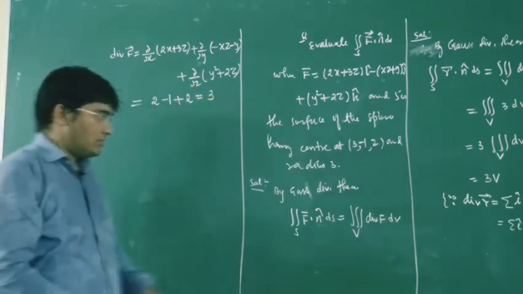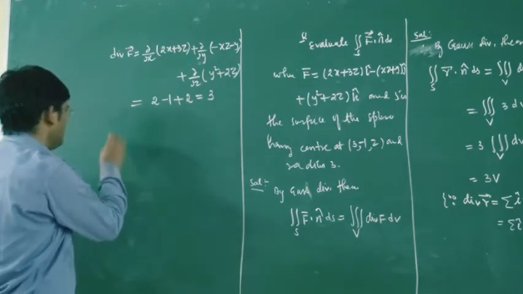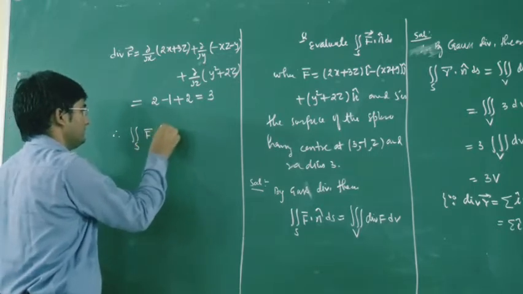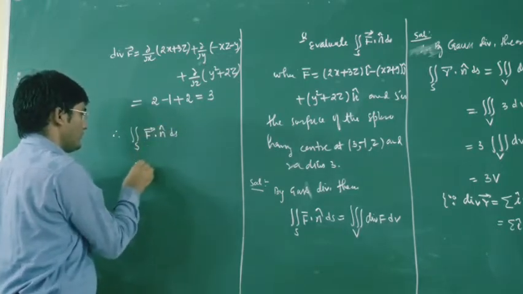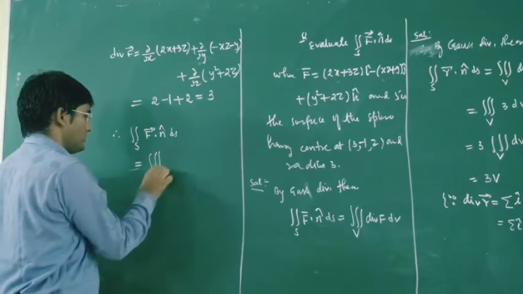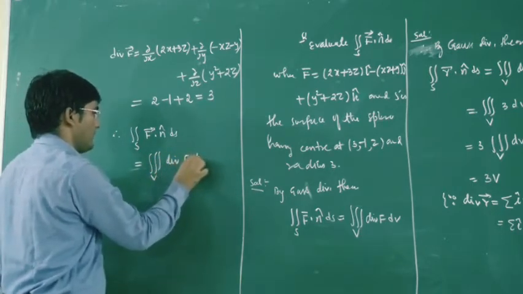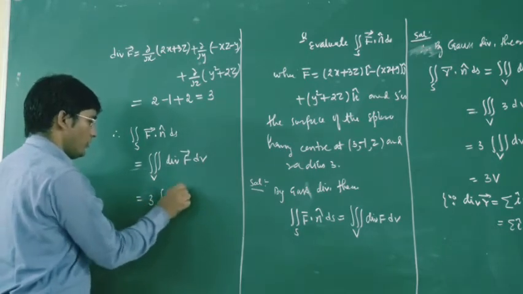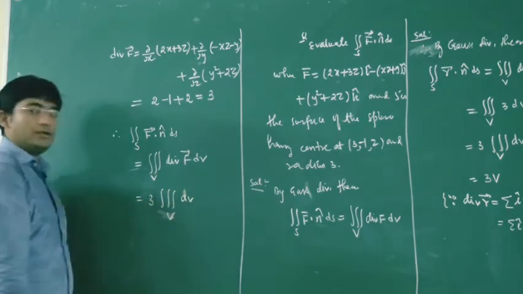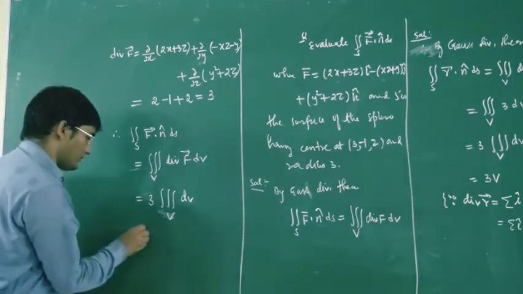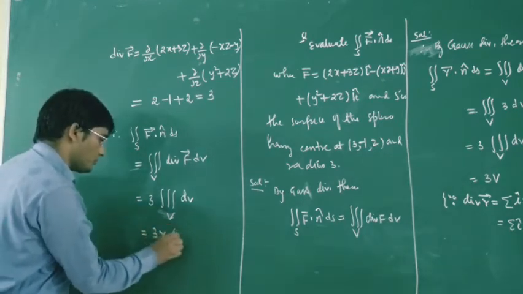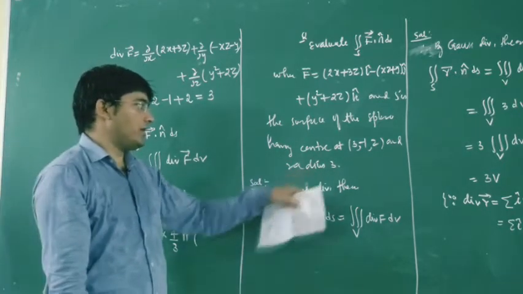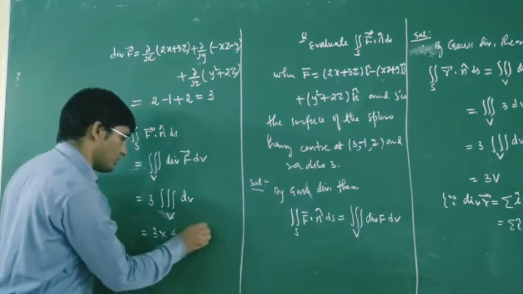So your divergence f is 3, so therefore your surface integral f dot n ds is equal to the integral of divergence f dv, and your divergence f is 3, so we have 3 into the volume of the sphere, and the volume of the sphere is equal to 4 upon 3 into pi into radius cube, and here we have the radius as 3, so this will be 3 cube.